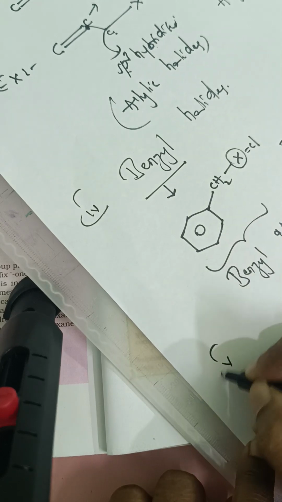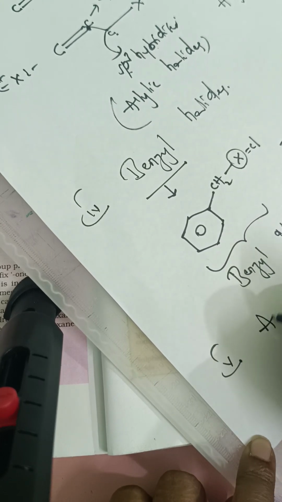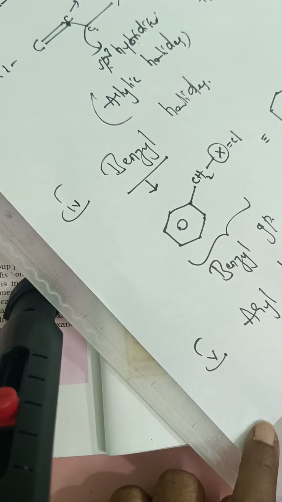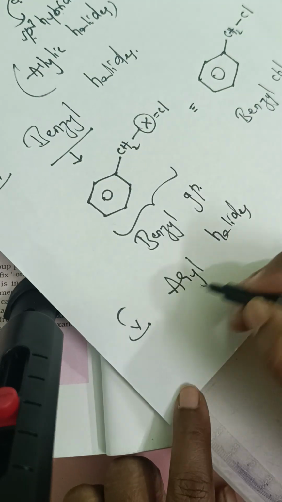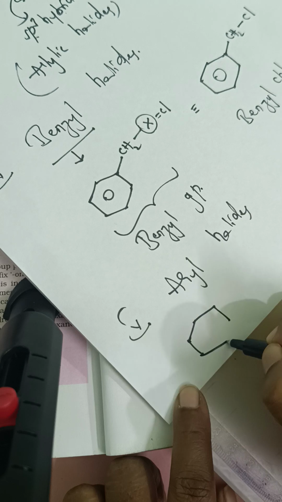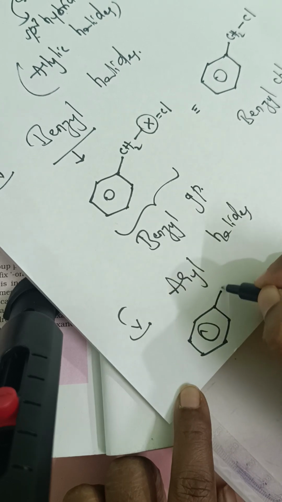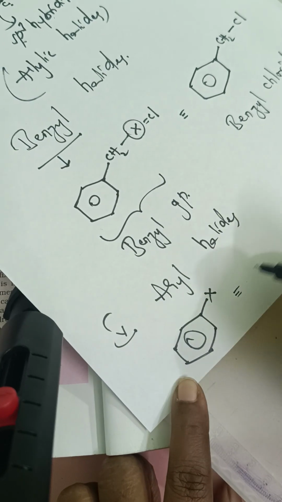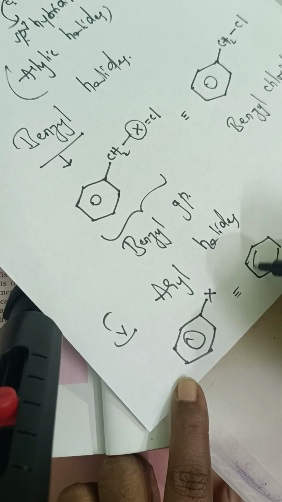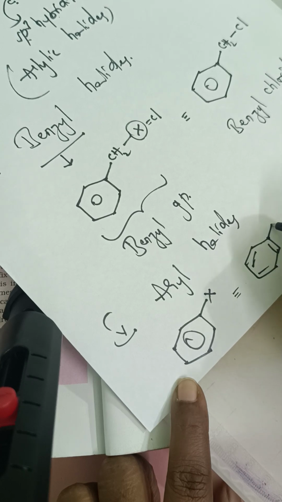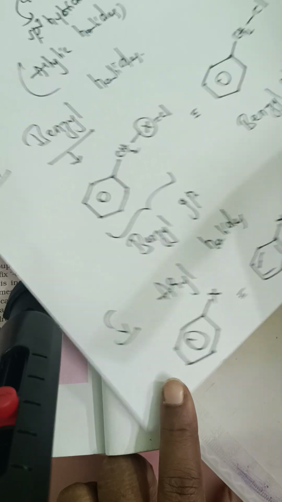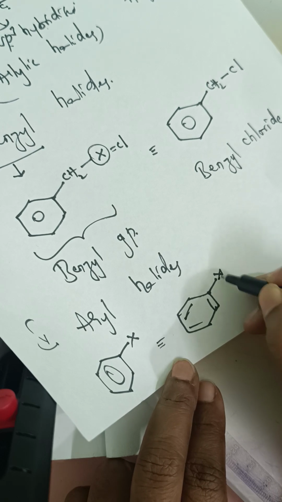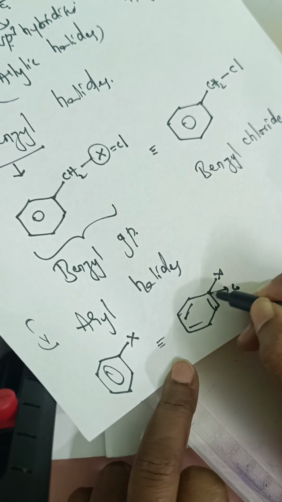Next, coming to the fifth category, aryl halides. Aryl is nothing but benzene groups. See here, this is the benzene ring. I am bonding a halogen group here. If you write this structure in the form of bonds, I am connecting the halogen here. What is the hybridization of the carbon atom to which the halogen is attached?